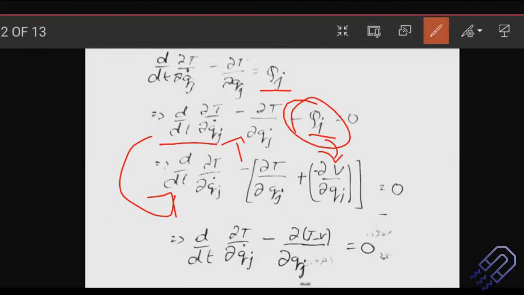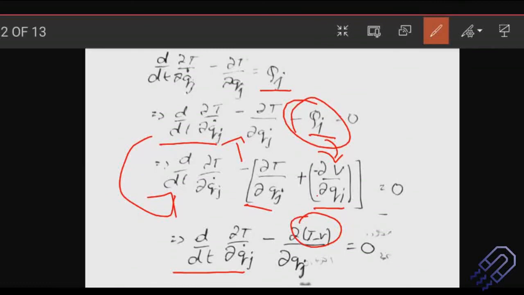Taking the common minus, there will be a plus, and there is already a minus in the final answer, so this is 0. Since this is del qj and this is also del qj, we can take T minus V here. So this is d/dt of delta T by delta qj dot minus delta (T minus V) by delta qj is equal to 0.